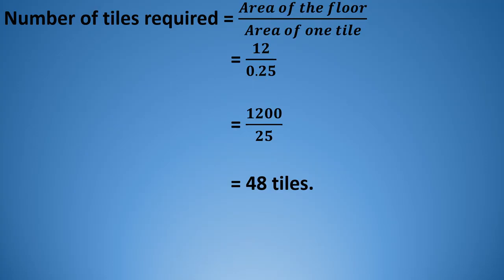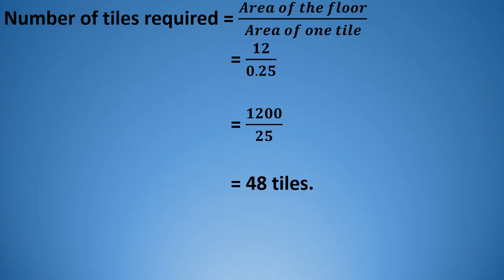Now, which unit will come with 48? Meter, square meter, or something else? What are we finding here? We are finding the number of tiles. So, 48 is the number of tiles required by us. Okay. So, here our unit is tiles, neither meter nor square meter.